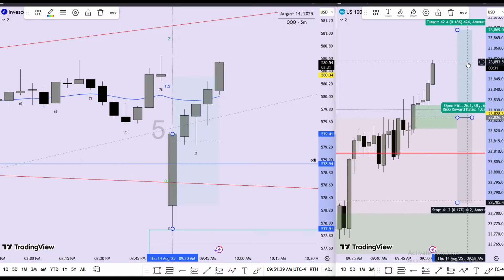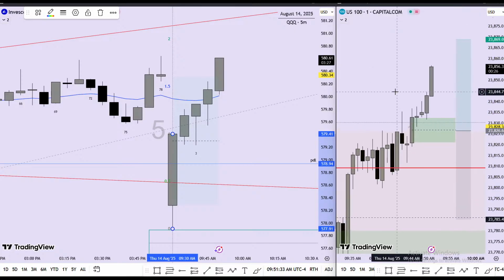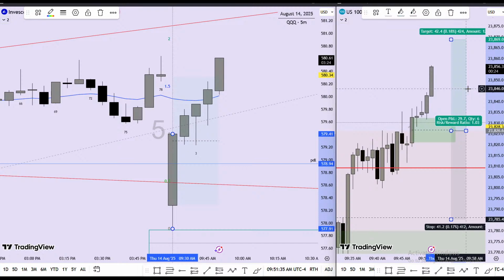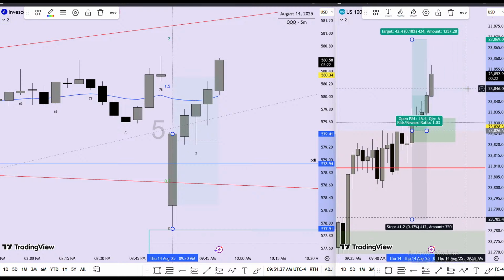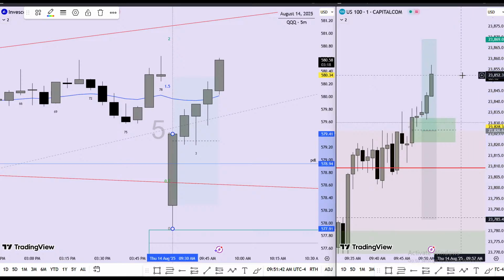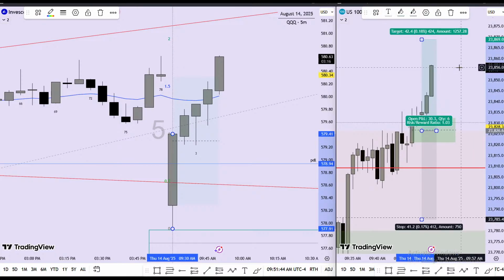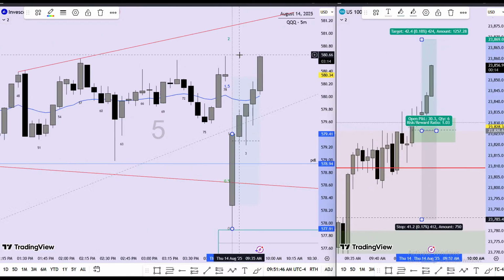Are the targets unreasonable? No. We've moved above these highs. I'm taking some of my position off.